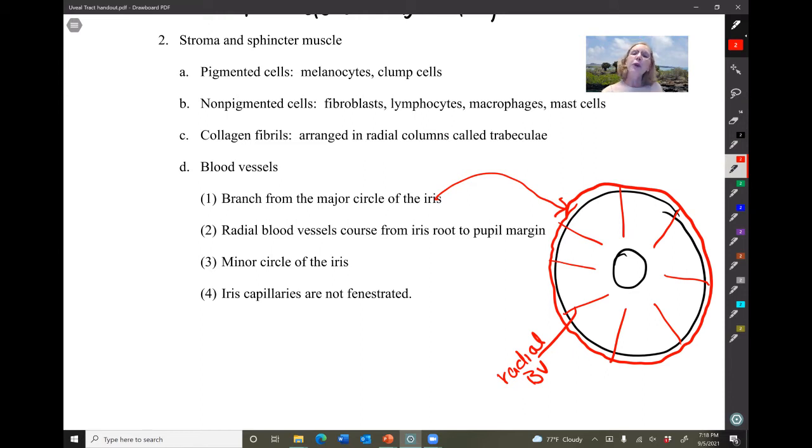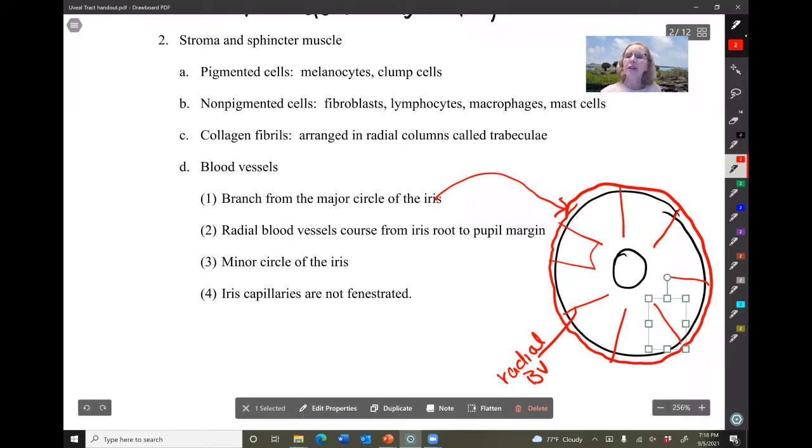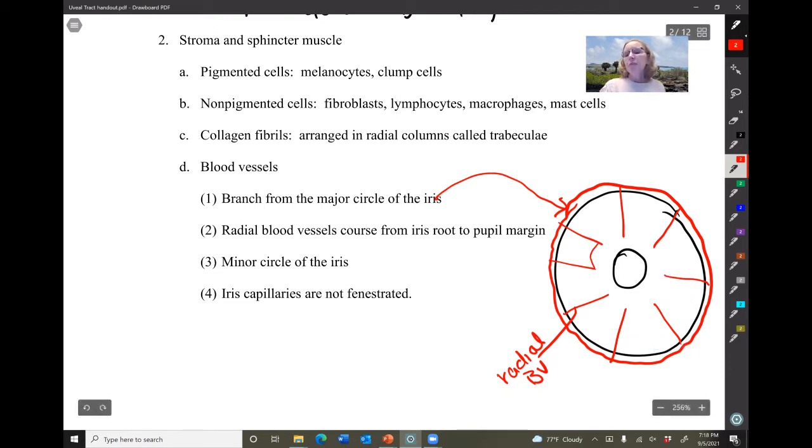And then finally, we have a minor circle of the iris. This is an incomplete circular vessel that is in the area of the collarette. So you might have a minor circle of the iris here and maybe one here, but it's not a complete circle like the major circle of the iris.